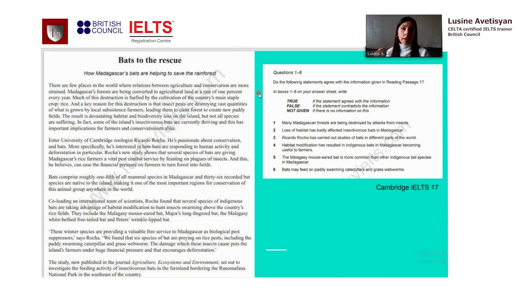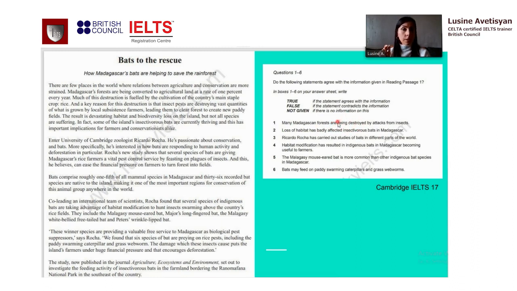And then I go to the question. Many Madagascan forests are being destroyed by attacks from insects. Pause here, take your time to understand the question. So, many Madagascan forests. One thing for me to check is that they are not few or some of them, but many Madagascan forests are being destroyed.